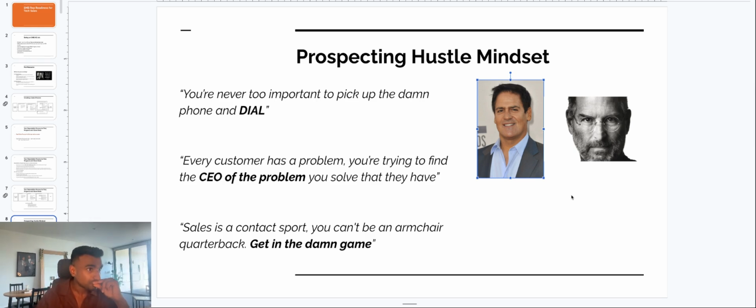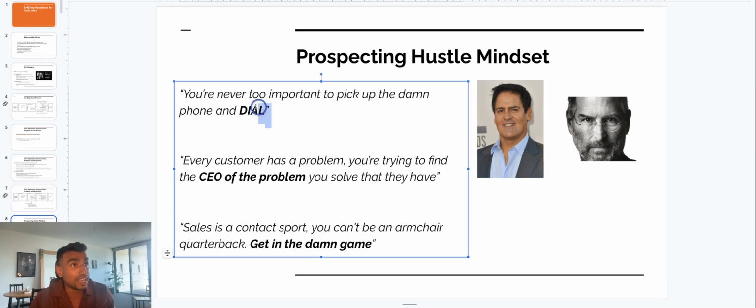And so I love that story because you're never too damn important to pick up the phone and dial. If your job is a salesperson and he was able to do it as the CEO of the organization, that tells you that you are never too important to pick up the damn phone and dial. This is such an important mindset to have.